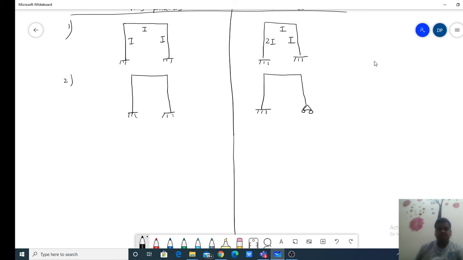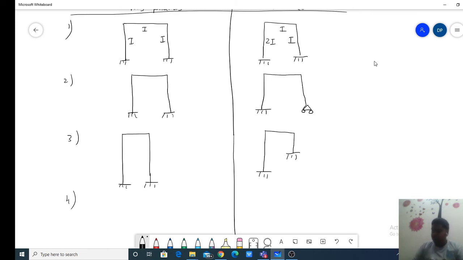One more example. The third example: this is the frame which is given, I properties are same. This once again comes under non-sway frame. But the same frame, if the other column is short, then due to uneven length, once again this comes under sway frames.